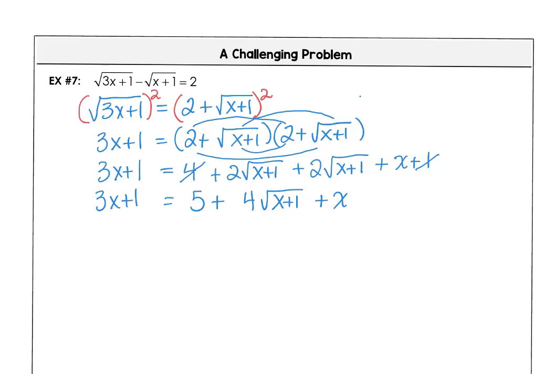So our next step is to start over, and we want to isolate this one term by itself. So let's subtract x from both sides. That's going to give us 2x. And subtract 5 from both sides. That's going to give us 4. And we've got a 4 times a radical x plus 1.